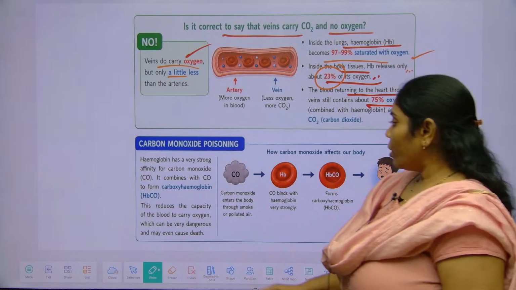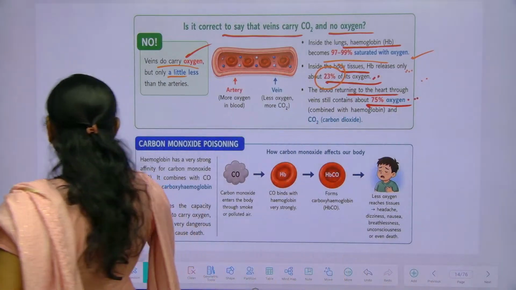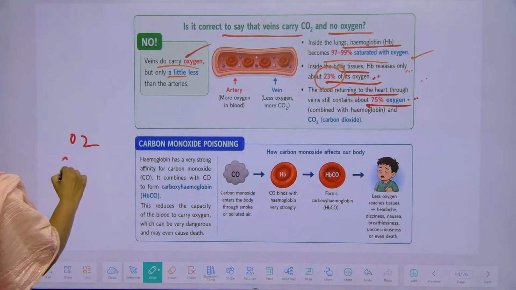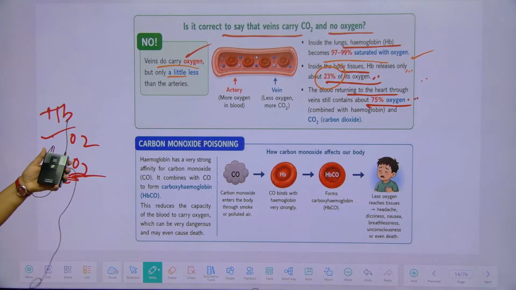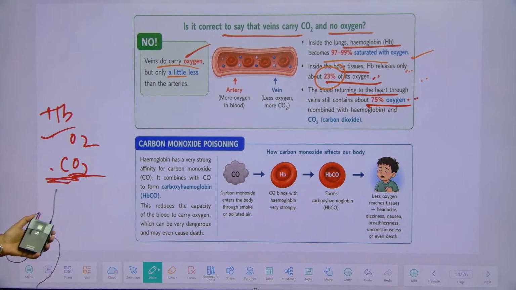But when it is combined, see, actually we will discuss, oxygen will be there, carbon dioxide will be there. Compared to oxygen, carbon dioxide has more affinity, meaning if these two gases are there, carbon dioxide can combine with the hemoglobin much faster. But is this always happening? If it happens, what forms?